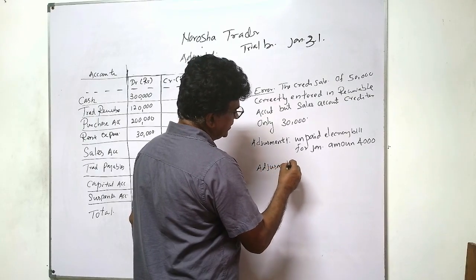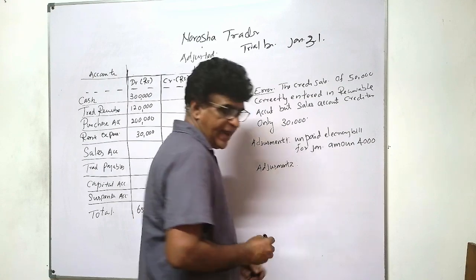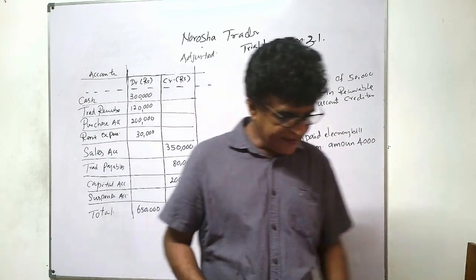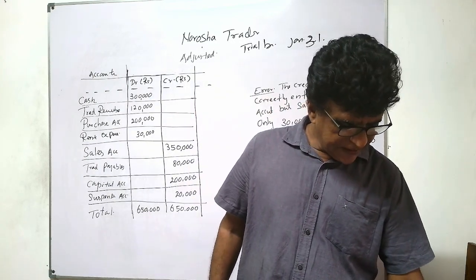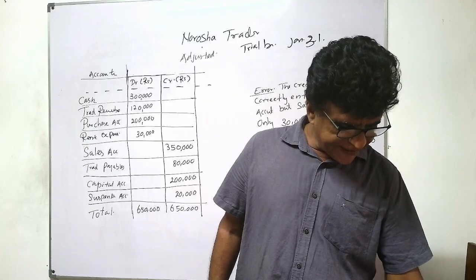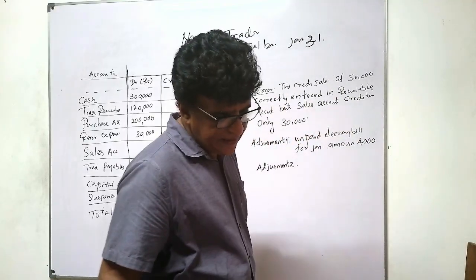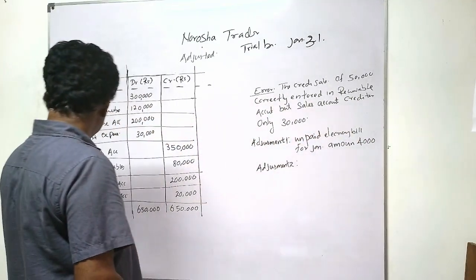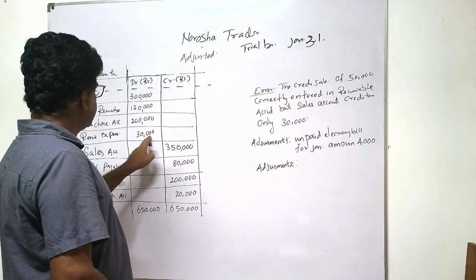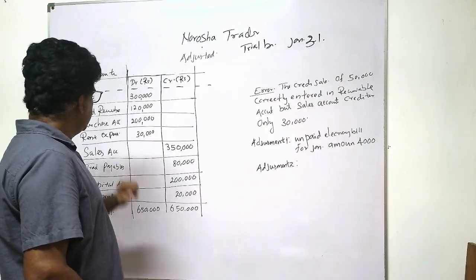Adjustment 2 says, out of the rent paid, there is a rent expense. Rent expense is 30,000, right?